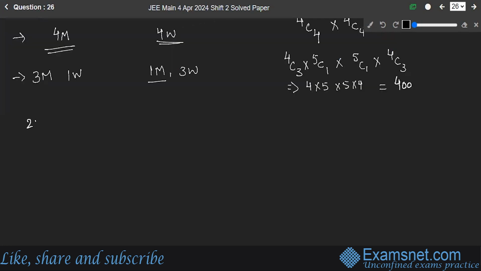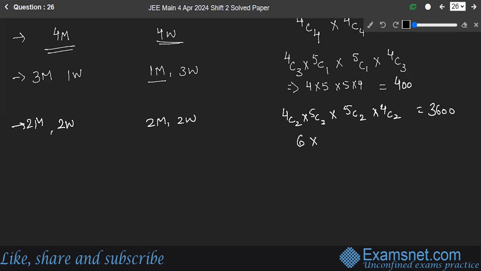Next is 2 men and 2 women from group A, 2 men and 2 women from group B. Same, 4C2, 5C2, 5C2, 4C2. This will give you 3600, because this will be 4 into 3 upon 2, which is equal to 6, into 5 into 4 upon 2, which is 10. So this is 10 into 6, so this is equal to 3600.